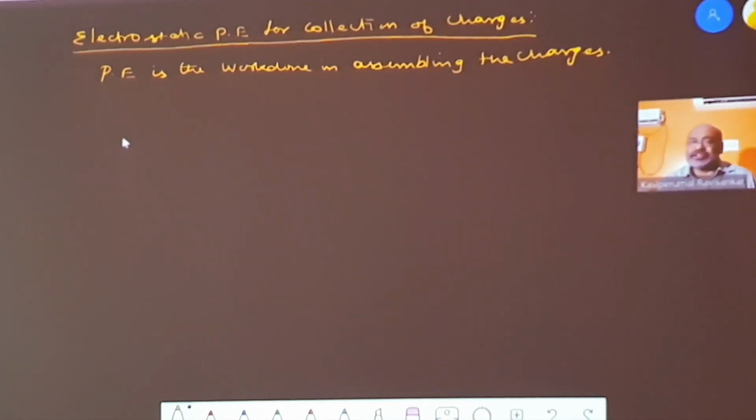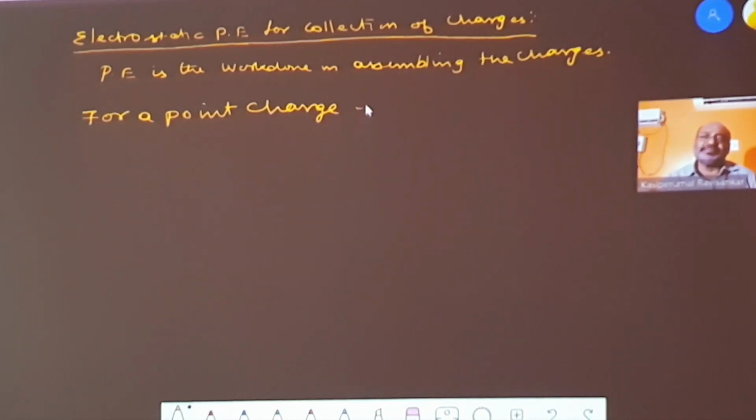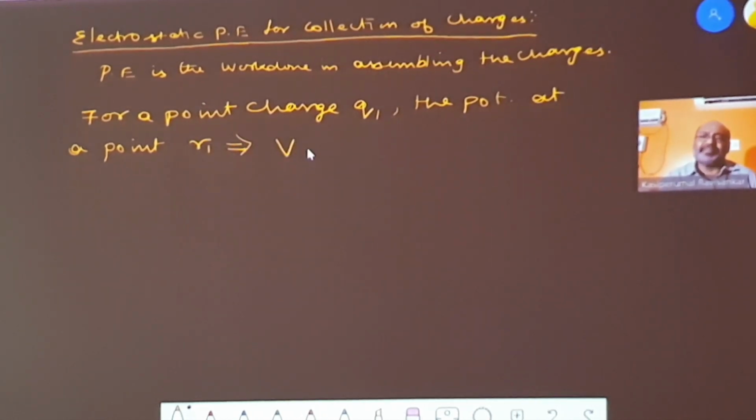In order to get this equation, you consider a point charge. For a point charge Q1, the potential at a distance r is given as: potential V due to the charge Q1 at a distance r is 1 divided by 4 pi epsilon 0 into Q1 by r.